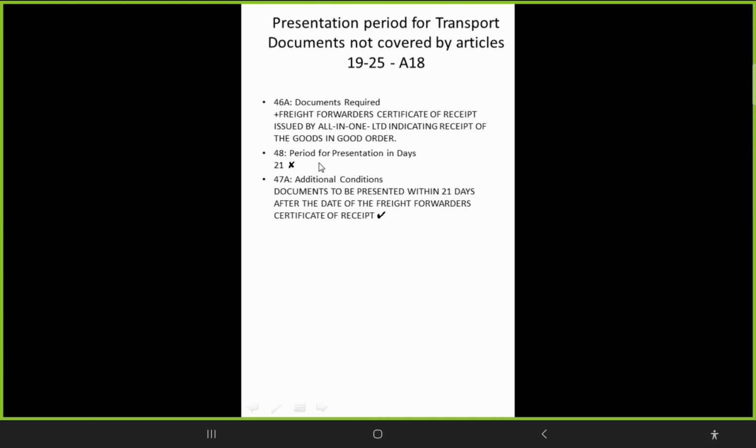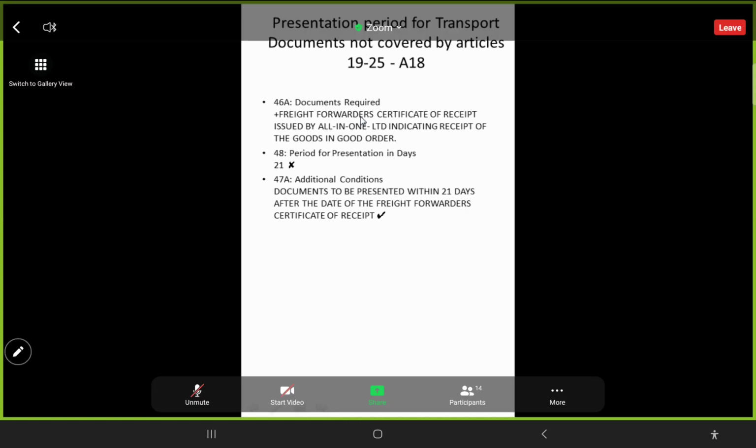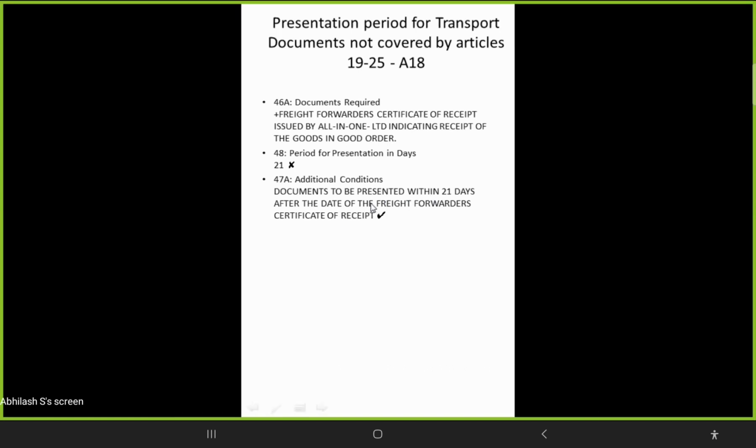If they want to precisely give details of the presentation period, then they have to say it like this: documents to be presented within 21 days after the date of the freight forwarder certificate of receipt. This is precise. We know that we should calculate 21 days from the issue date of the freight forwarder certificate of receipt, and within that the documents should be presented. In this case, we can take it. Otherwise, we will disregard it. We will accept the presentation anytime within the expiry date of the credit.